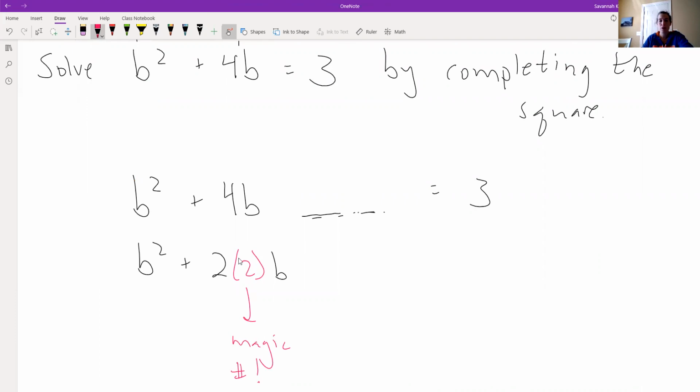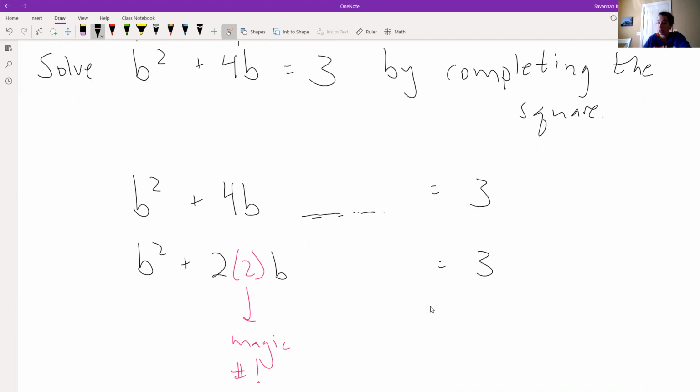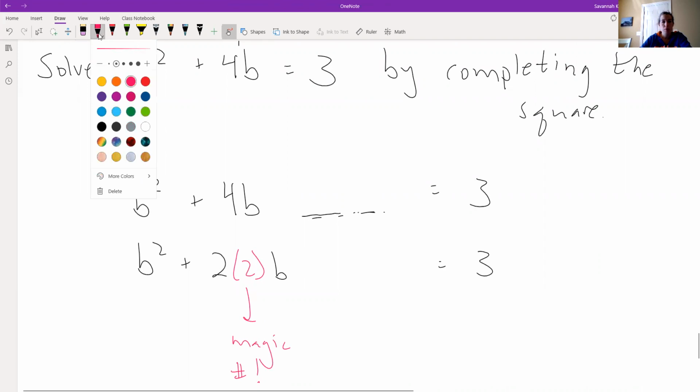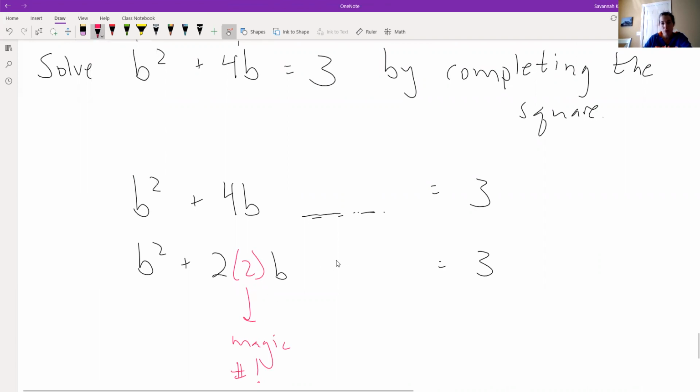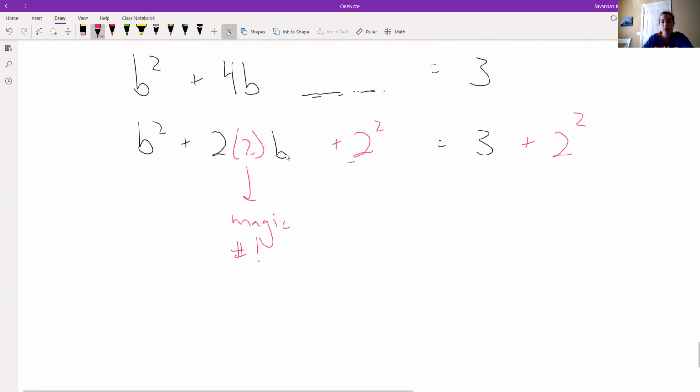So that's exciting. So what I want to do, I've got this equation, and what I do to one side of an equation, I automatically have to do to the other. In order to force a perfect square trinomial, the magic number needs to be squared right here. But if I do that to the left side, I have to immediately do that to the right side as well. Okay, so I have the format here.